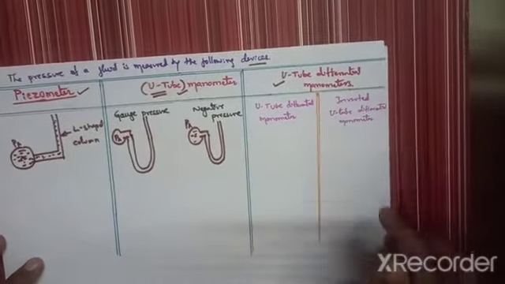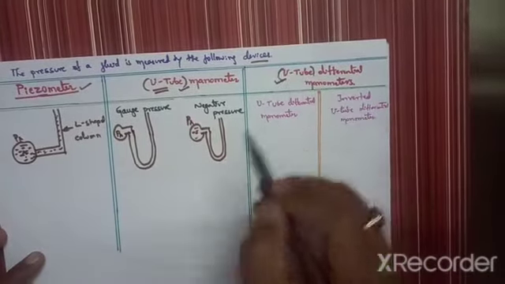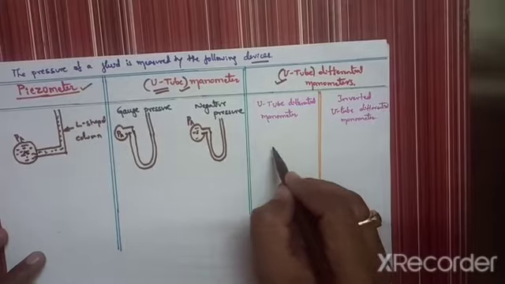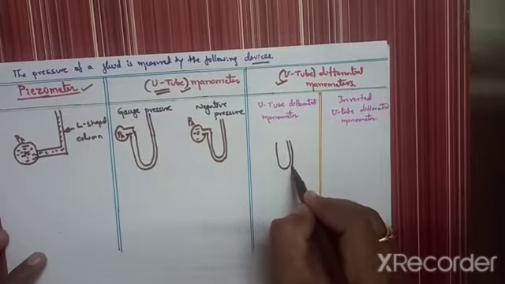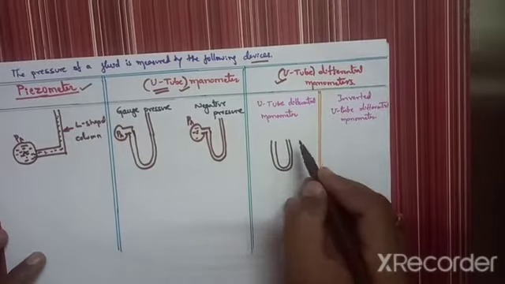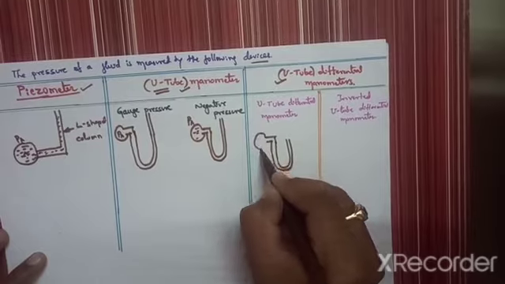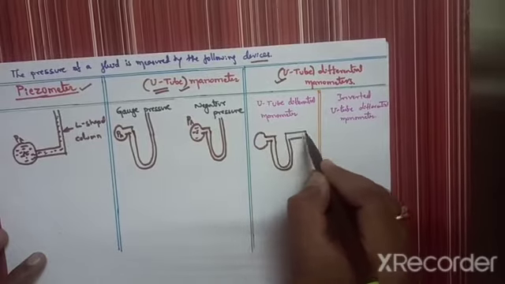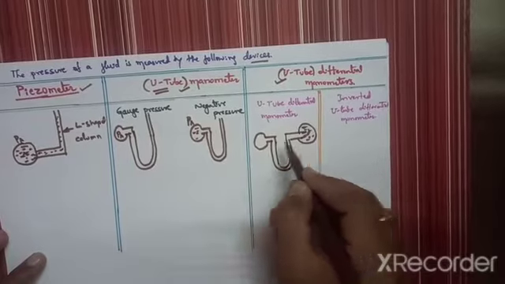But in the U-tube differential manometer, as the name again indicates, it is a U-tube, so the structure of the manometer is the same, again U-shaped. But here both ends are connected to pipes, because we are going to measure the pressure difference between two pipes or two liquids.